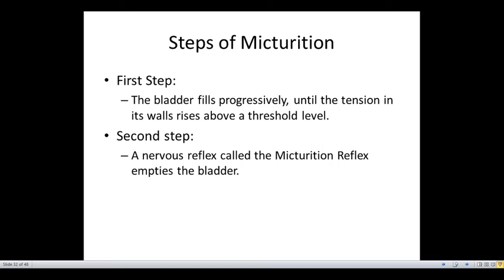In the first step, the bladder fills progressively until the tension in its walls rises above a threshold level. And in the second step, a nervous reflex called the micturition reflex empties the bladder.